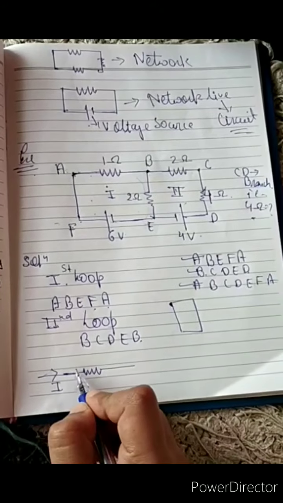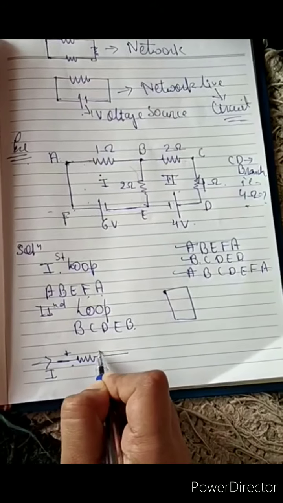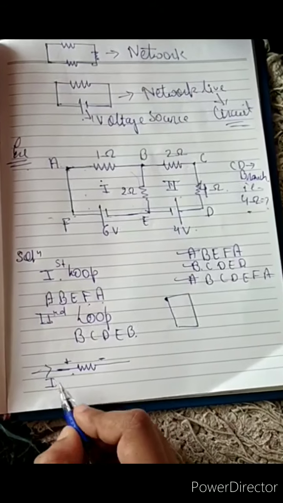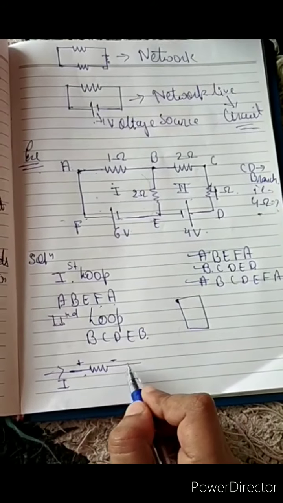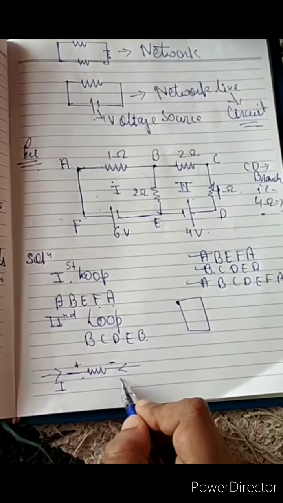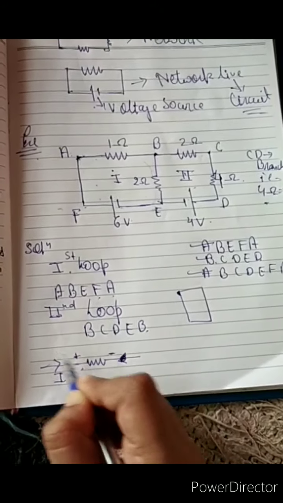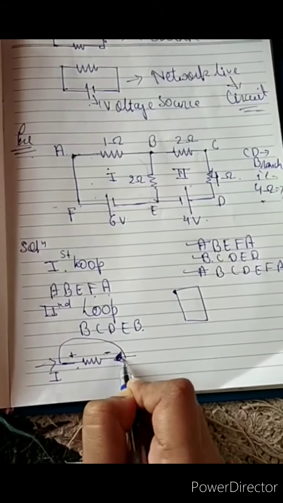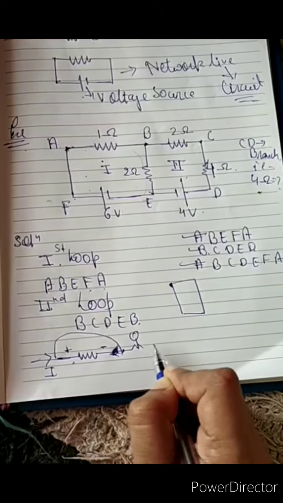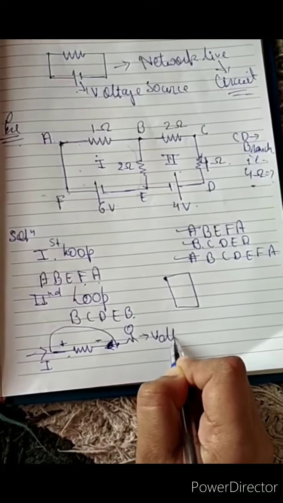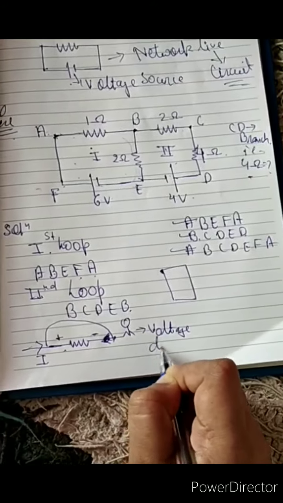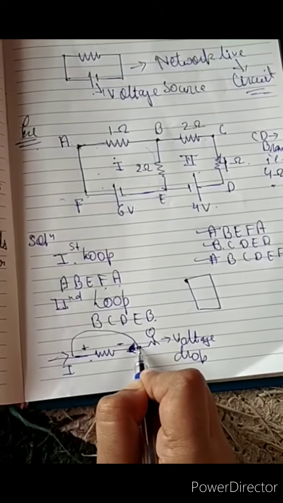So when current goes from here to here, there is a voltage drop at the end of this point.